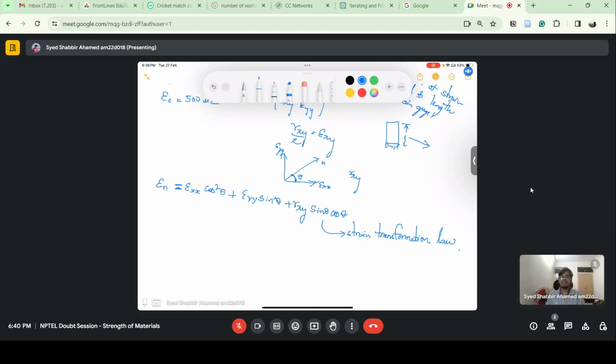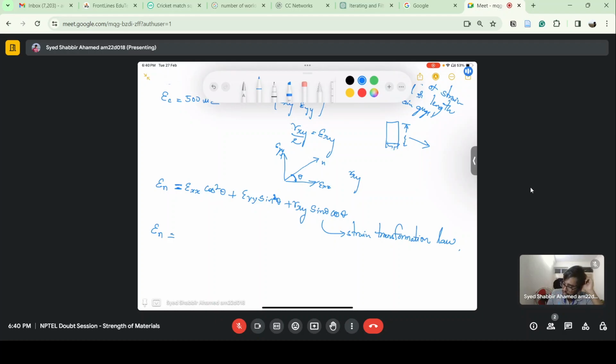Okay, so we know the trigonometric identities and formulas we studied in school. cos 2 theta is equal to 2 cos square theta minus 1. I just want to eliminate these squares here.